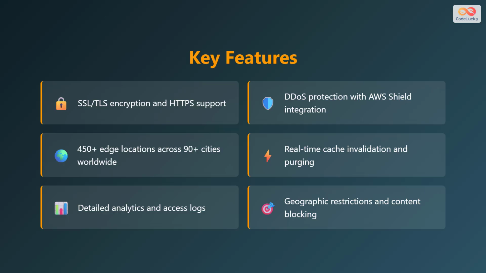CloudFront operates over 450 edge locations across more than 90 cities worldwide. It supports real-time cache invalidation and purging, allowing you to remove outdated content immediately. You get detailed analytics and access logs for monitoring and troubleshooting. Finally, CloudFront enables geographic restrictions, allowing you to control which countries can access your content.